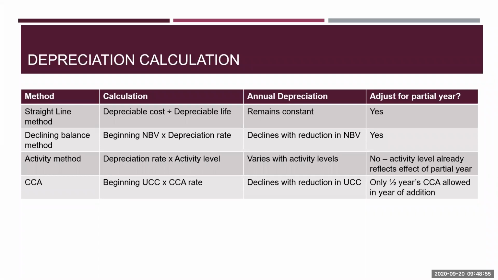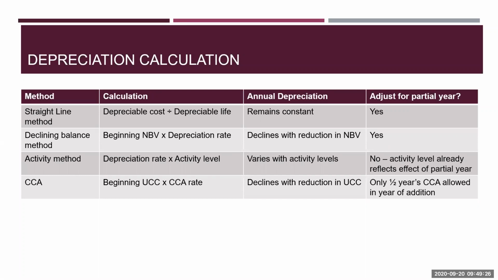And that per unit cost is then multiplied with the output activity level in each year to calculate our depreciation. So the annual depreciation from one year to the other will vary depending on the activity level, but this is the only method under which we do not need to do the partial year depreciation because your activity level would already adjust for that.